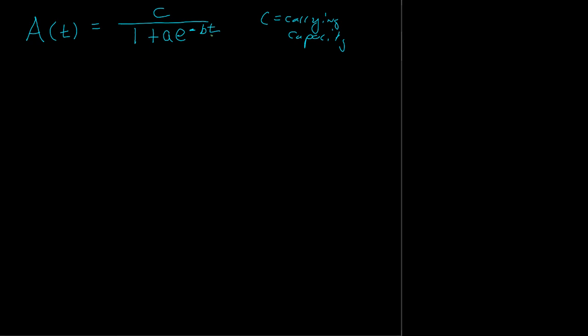Because if t were to go out towards infinity, if time keeps going on, this would approach 0. And if this approaches 0, I get C over 1. And that's the carrying capacity then. And so C represents the carrying capacity. A and B reflect, A is related to how much stuff you start with, your starting population.